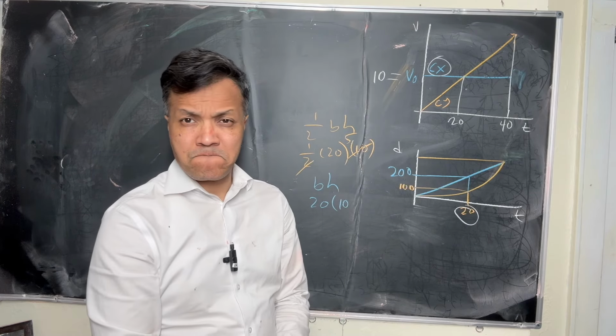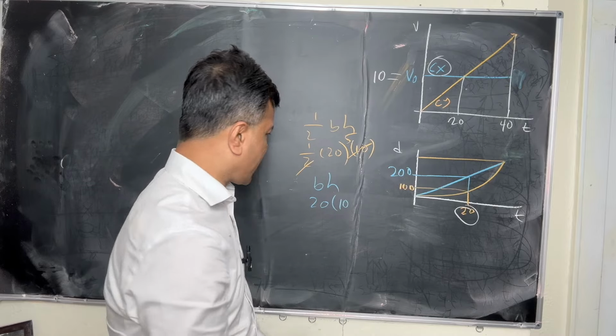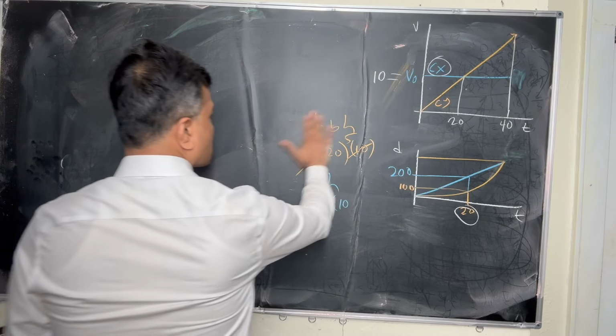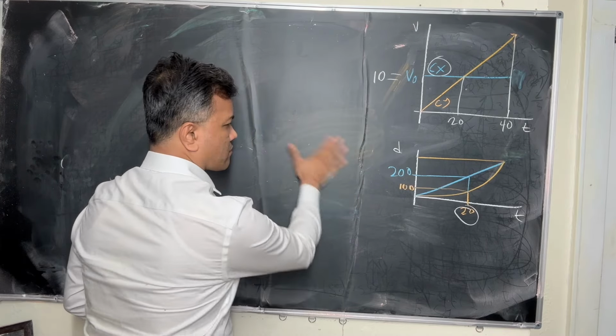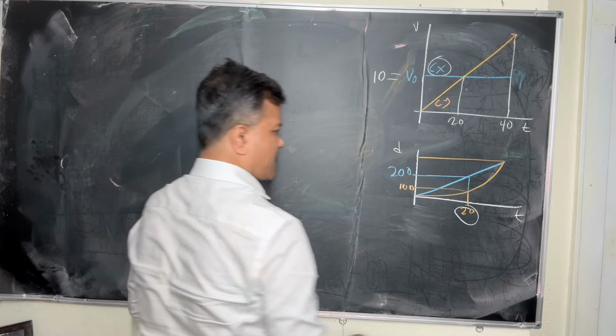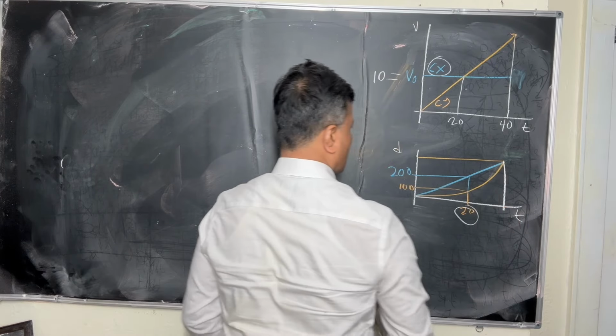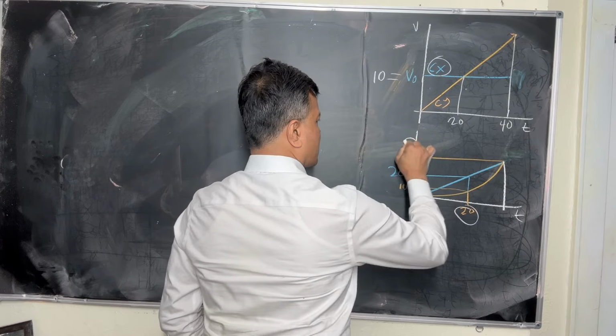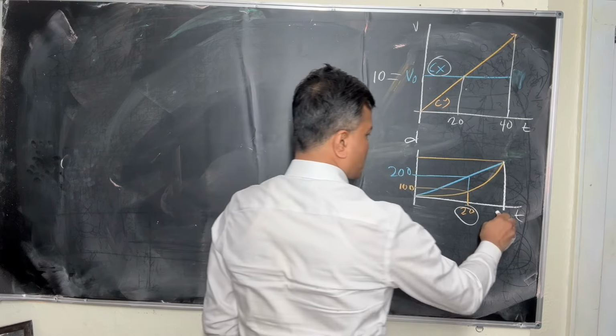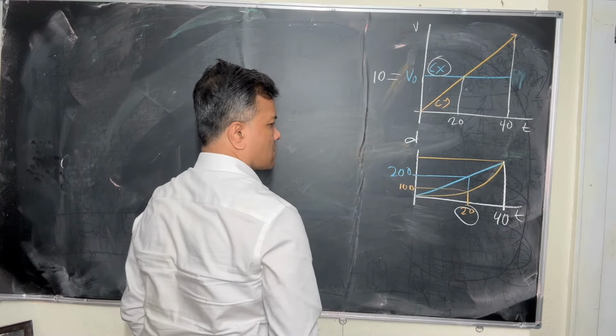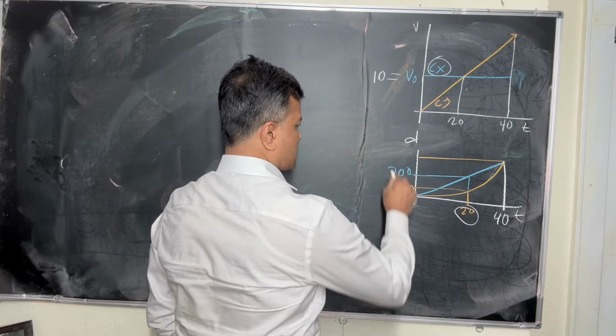Now let's check the 40 seconds. Let's put the d over here. This is 40 seconds. Both of them would be 400.